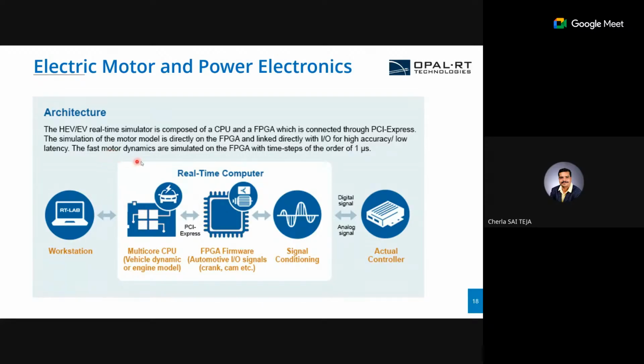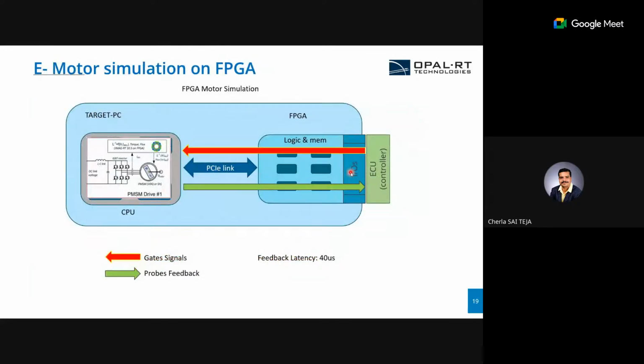The fast motor dynamics are simulated on the FPGA with a time step in the order of microsecond or sub microsecond. Why we have to go this way, you can understand by this. Let us say I have my powertrain running on a CPU. As I told, all the data will be sent via IOs.